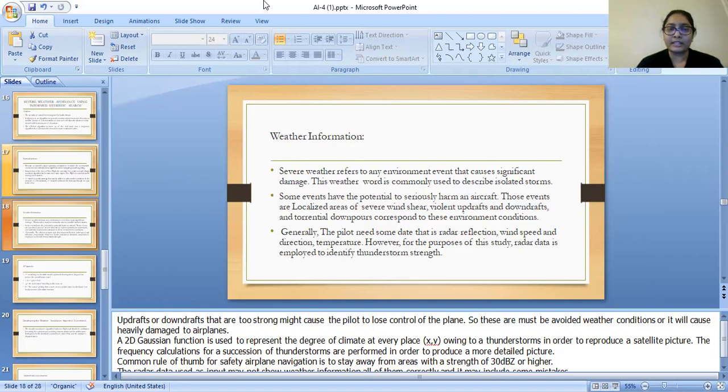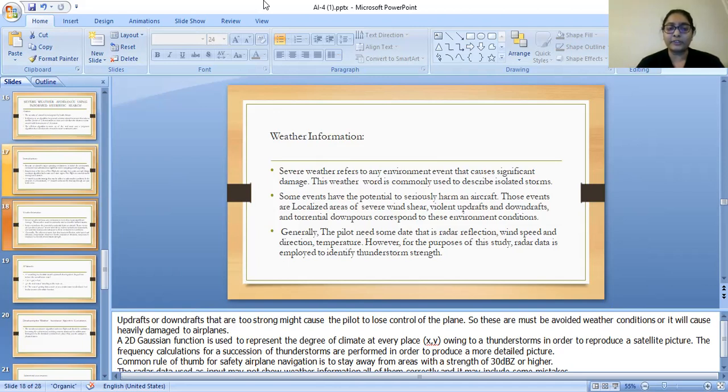These events are large areas of severe wind shears, violent updrafts and downdrafts, and torrential downpours. Violent updrafts or downdrafts can cause a significant change in the attitude of the aeroplane and can make the pilot lose control of the aeroplane. So these weather conditions should be avoided.